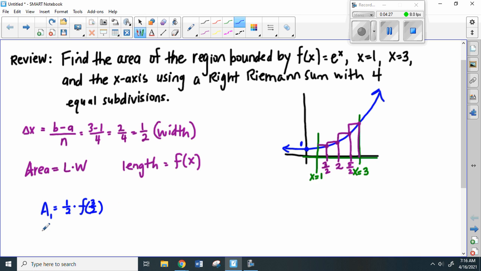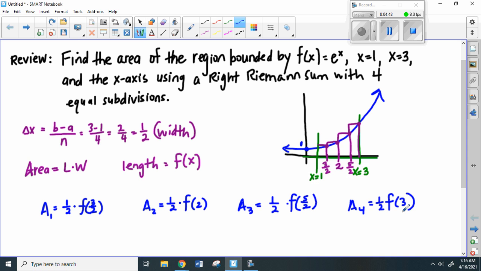The second rectangle is going to be the same width times the function evaluated at the next right side. The third one is going to be evaluated at the next. And the fourth one is going to be evaluated at the last right side.